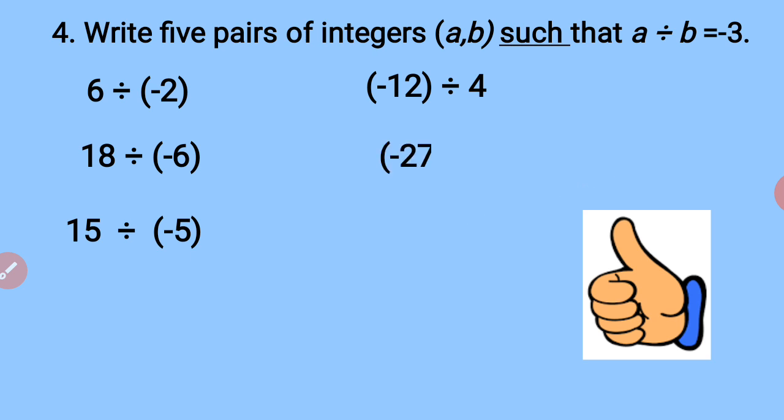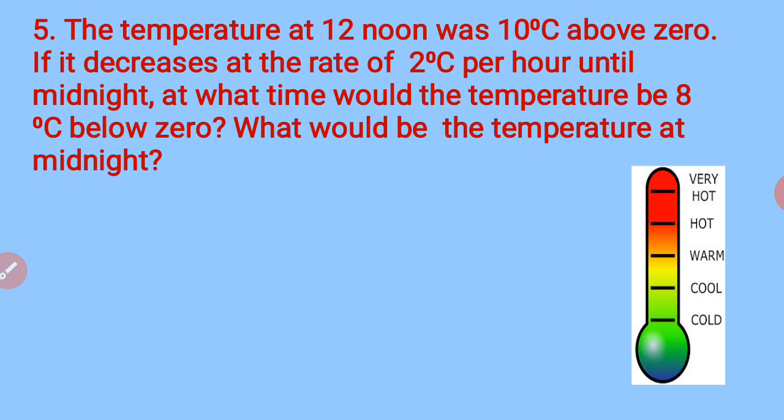Here again the answer is minus 3. Minus 27 divided by 9 also is minus 3. So you can just have any sort of numbers. One more is taken. That's all from my side, you can have more examples.